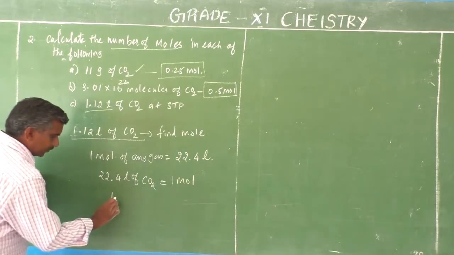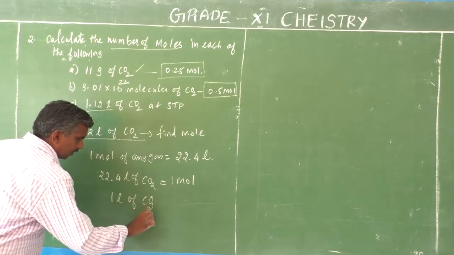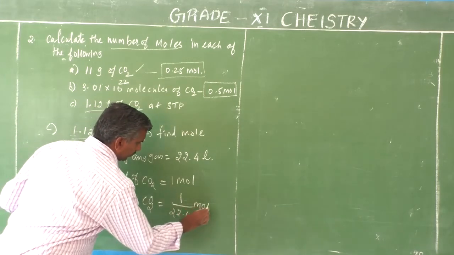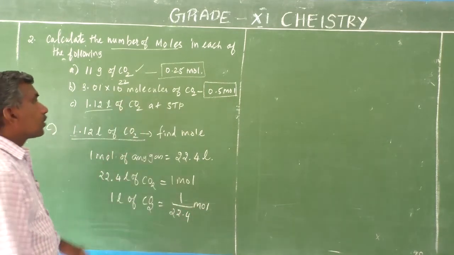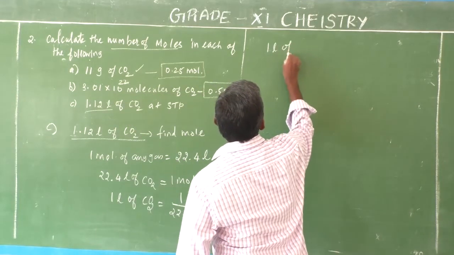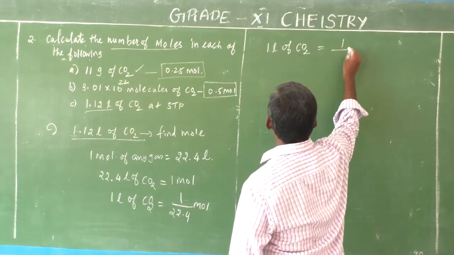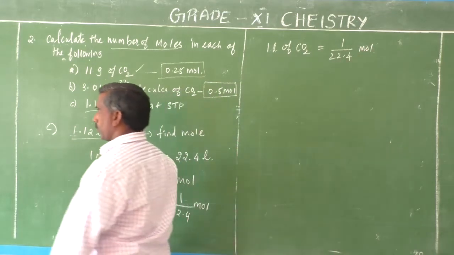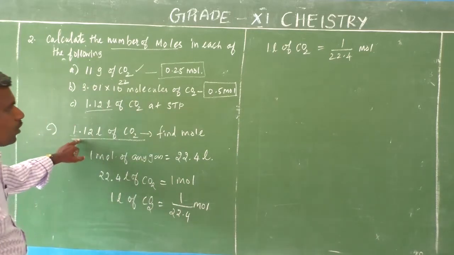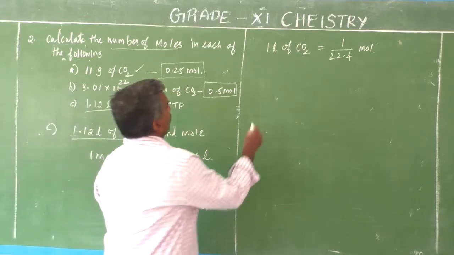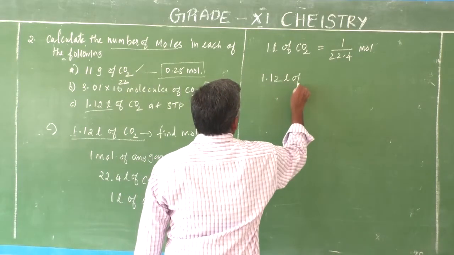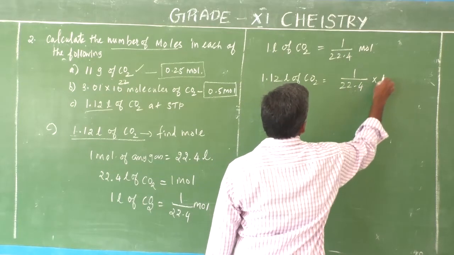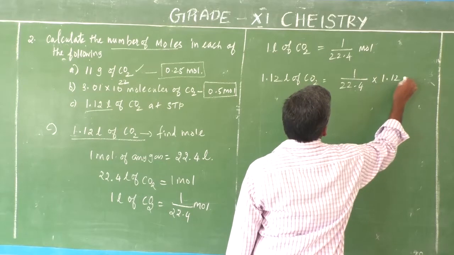Now 1 liter is equal to 1 by 22.4 mole. So 1 liter of carbon dioxide is 1 by 22.4 mole. Question: 1.12 liter of carbon dioxide is equal to 1 by 22.4 into 1.12 liter.